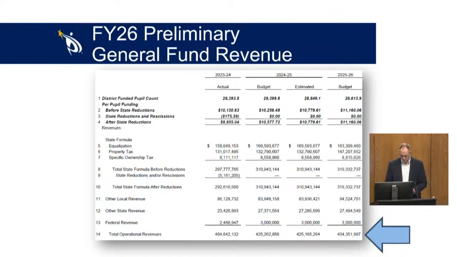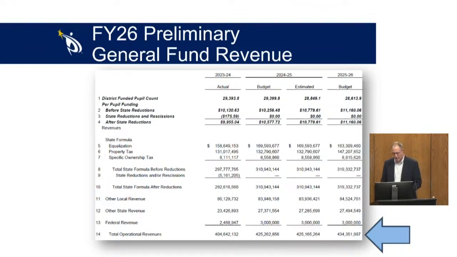Primarily, that's driven by categorical funding, and we talked about that last time a little bit as well. Extra funding specifically focused on transportation, special education, vocational education, those items. And then line 13, the anticipated federal revenue in our general fund, about $3 million. Primarily, that's Medicaid reimbursements. So it's not really new money, it's reimbursing programming that we've already taken on.